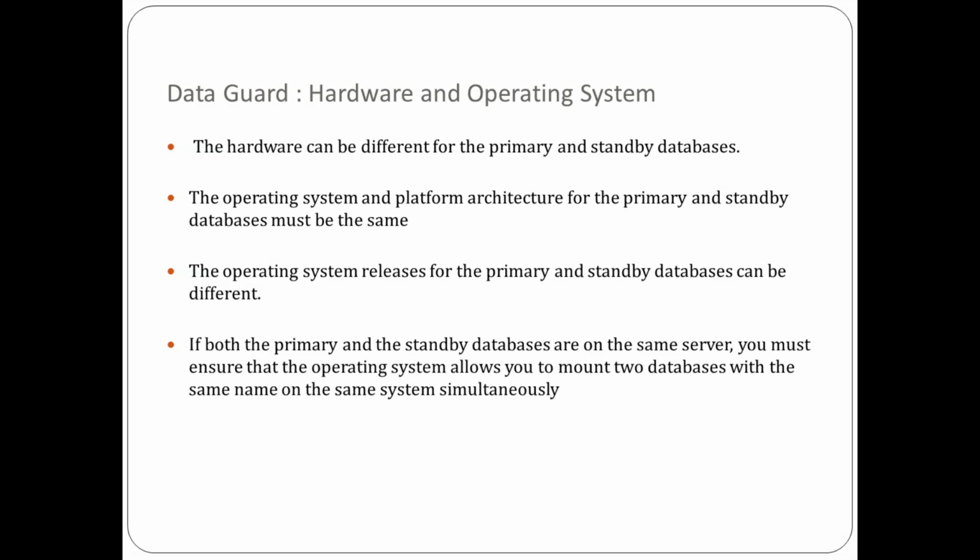Now if any crash happens on your primary database, you need to restore and recover from the backup, and definitely this will take time. This cannot be done in a few minutes. It's a huge database, and you might need to troubleshoot what happened: a physical corruption, a logical corruption, or a complete control file or data file loss, any disk failure, anything can happen.